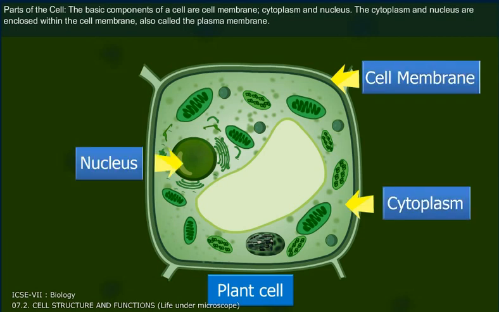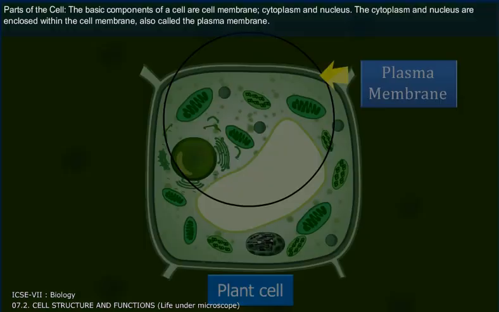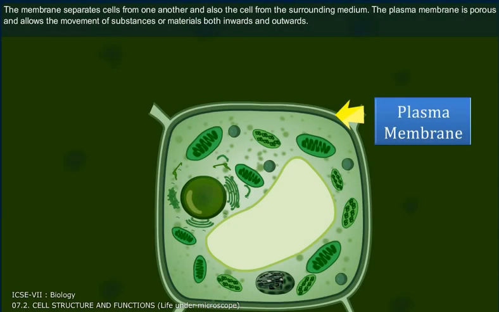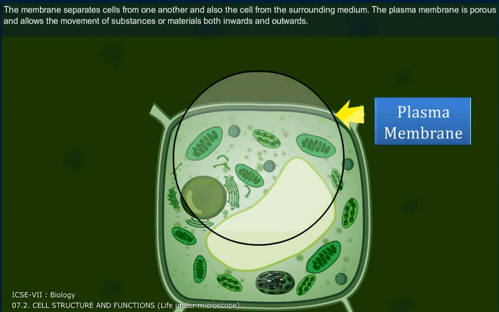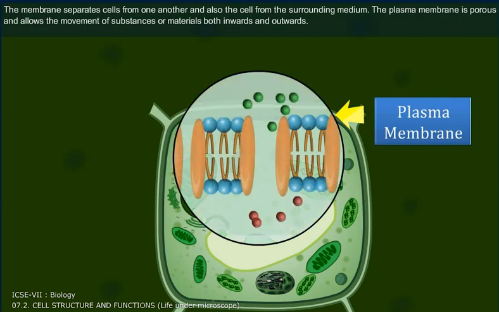The cytoplasm and nucleus are enclosed within the cell membrane, also called the plasma membrane. The membrane separates cells from one another and also the cell from the surrounding medium. The plasma membrane is porous and allows the movement of substances or materials both inward and outward.